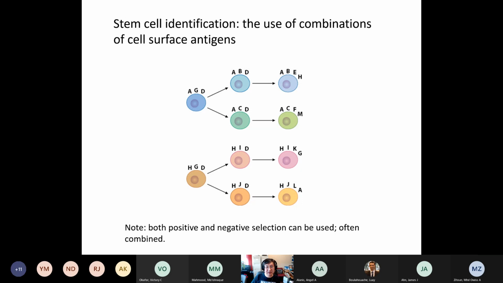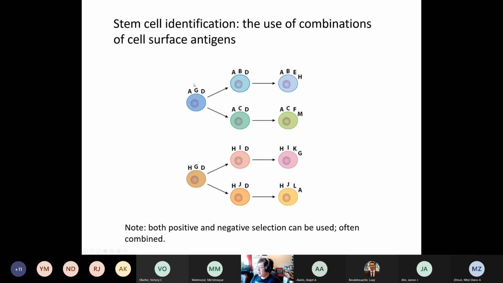Go back to the slide here. Let's just focus on this part. I would say G is a stem cell marker, because, for example, these two cells here are stem cells, so G is a stem cell marker.